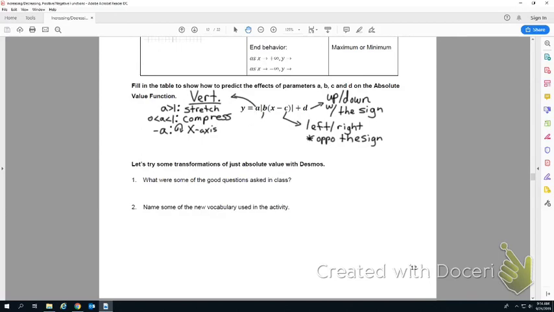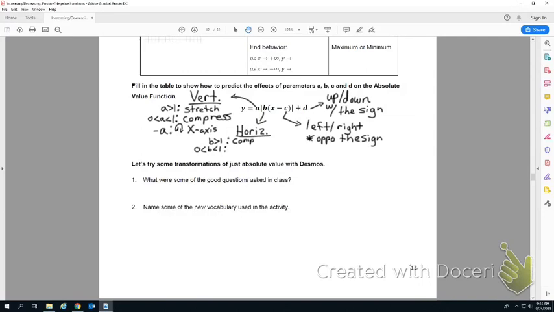Your B value. So if A is vertical, obviously this one is going to be horizontal. If the B is greater than 1, is that stretch or compress? Compress.